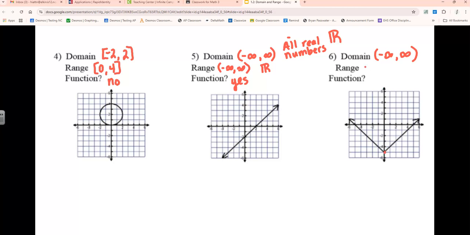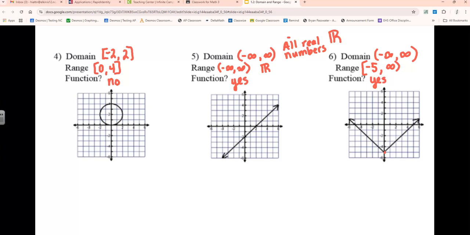Right here, -5. And you'll have a bracket with that. And then you're going to keep on going up. It kind of looks like it quits hitting the graph at 1, but does it really go past that? It does, because you got arrows on the end of that graph, right? So it keeps on going up. So this one goes to positive infinity. And that one is a function.